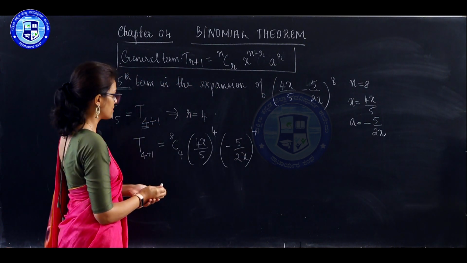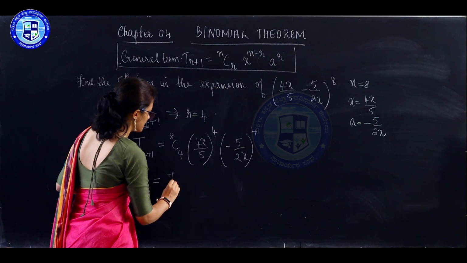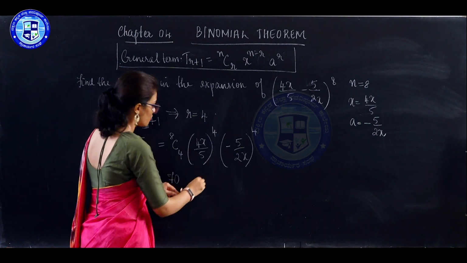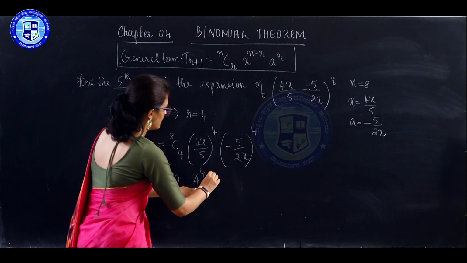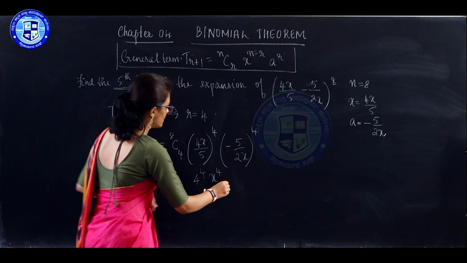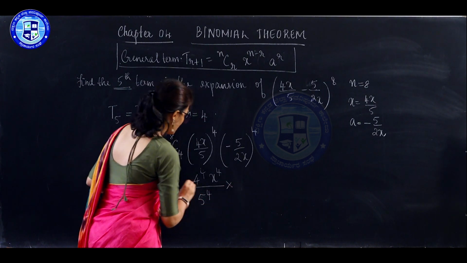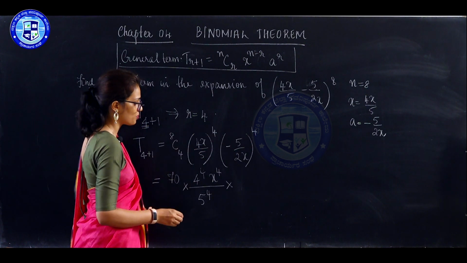So, now let us calculate the value. 8C4 will give us 70. What happens here? We have 4^4 x^4 divided by 5^4 into, minus raised to the even power, so it becomes plus.